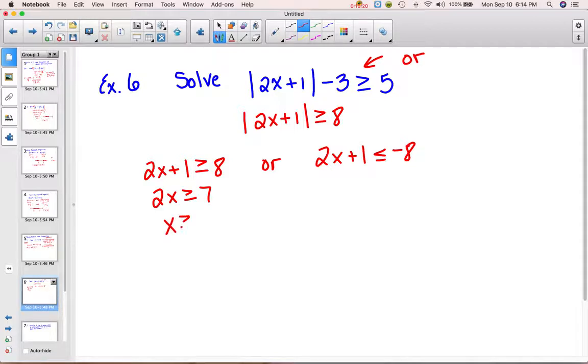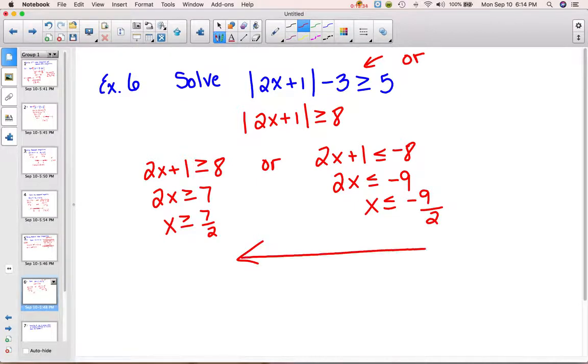So we get x is greater than or equal to 7/2. Over here, we get x is less than or equal to negative 9/2. Make our number line. The negative 9/2 clearly is smaller than positive 7/2. Both of them are going to be filled in circles because of the equal to parts.